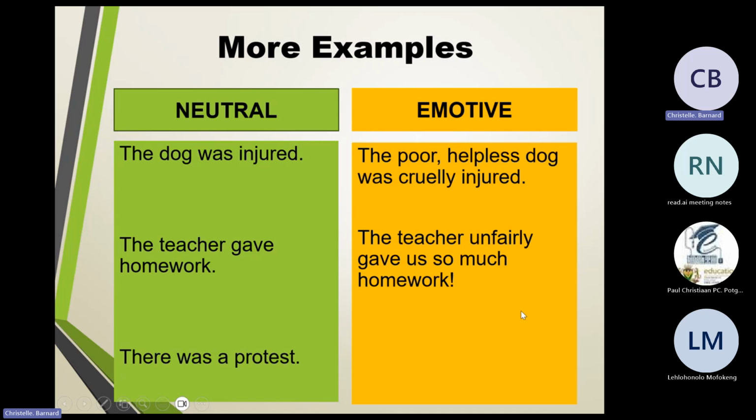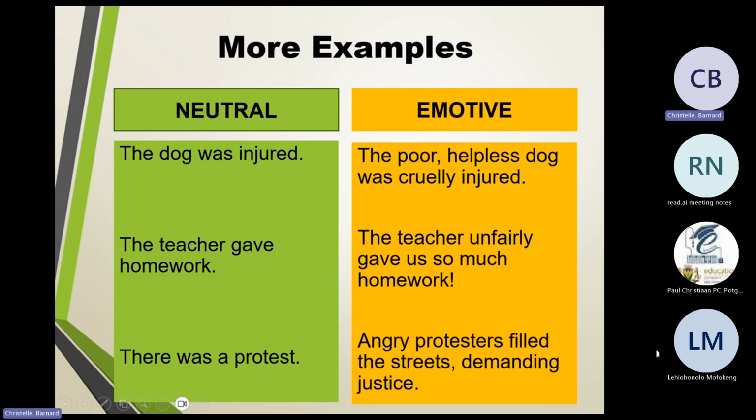Then the last one, there was a protest. Okay, so that's neutral. No descriptive words, nothing that elaborates. But if I add the words angry protesters filled the streets, demanding justice. Now you have the word angry. Angry is an emotion.